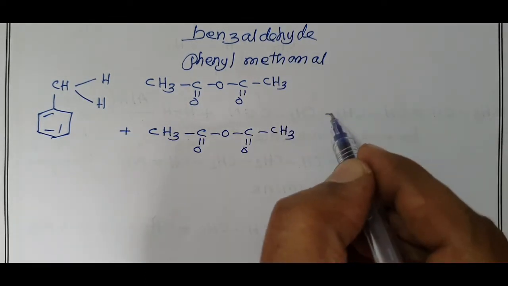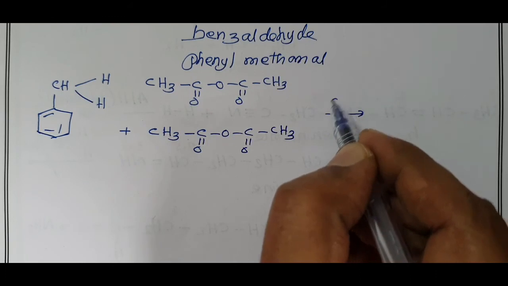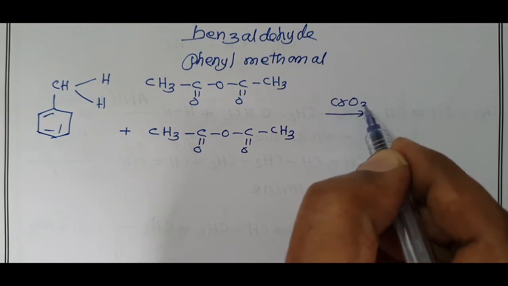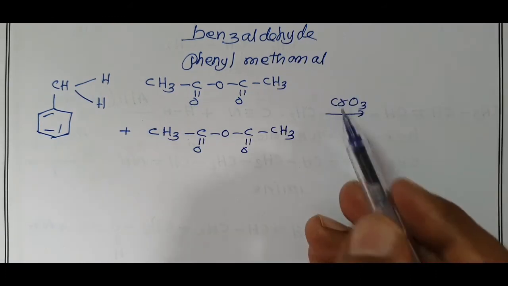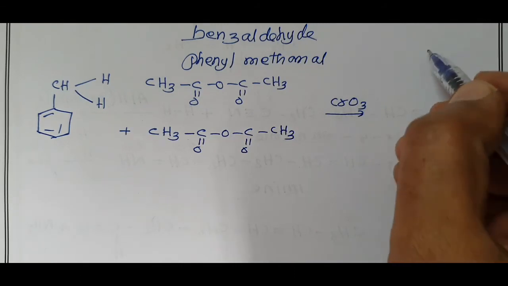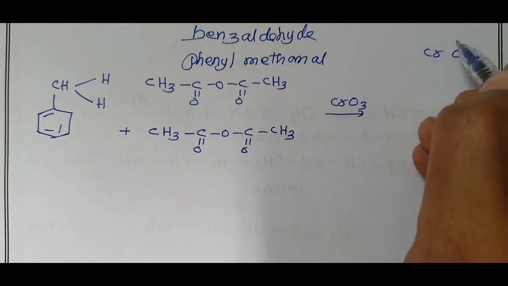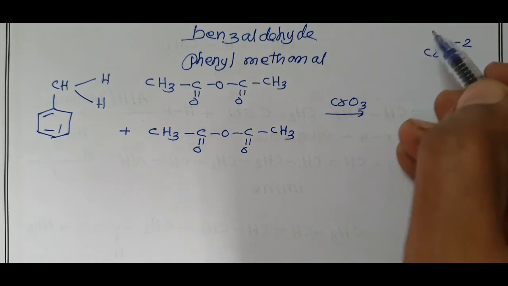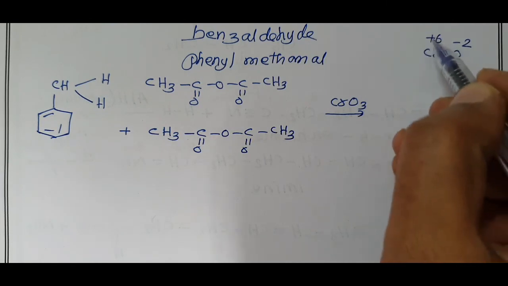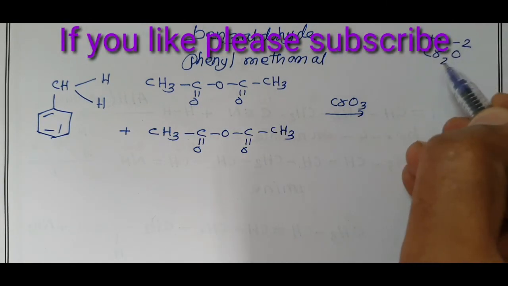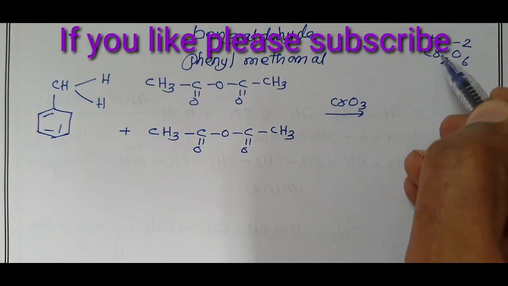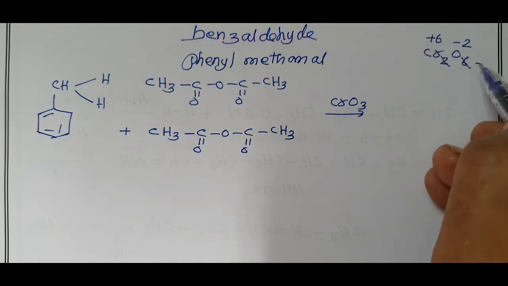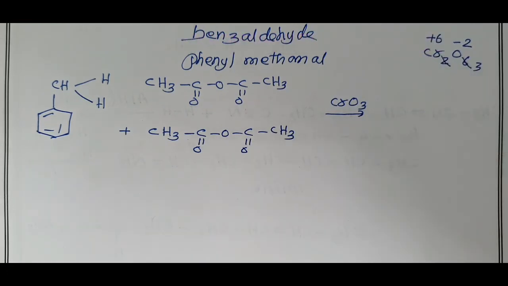In the presence of chromic oxide, CrO3, chromium is in the +6 oxidation state. How? Oxygen oxidation state is -2, chromium is +6, so when you cross the valency, that 2 is here, this 6 is there: 1 2 is 2, 3 2s are 6, CrO3.